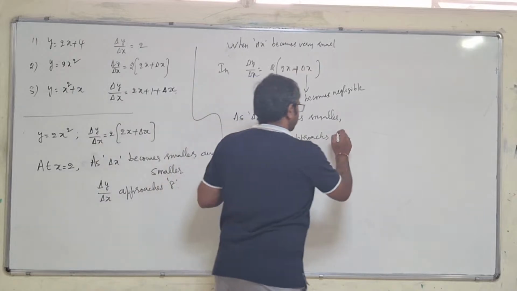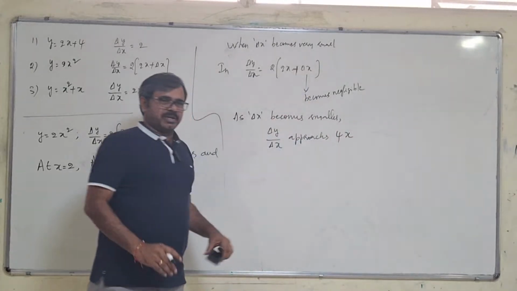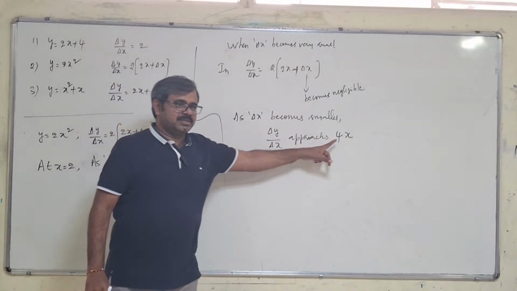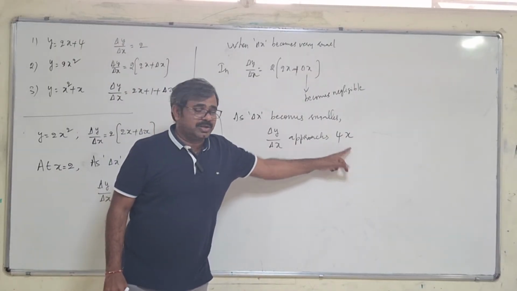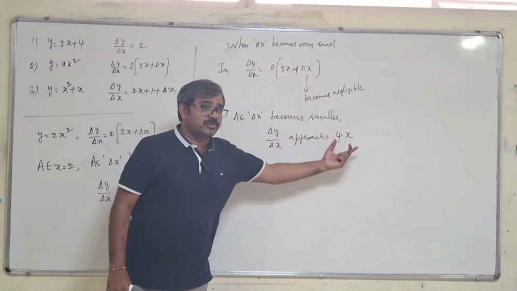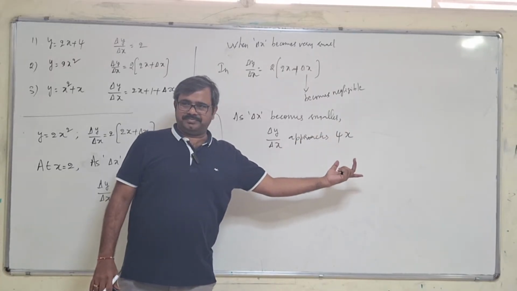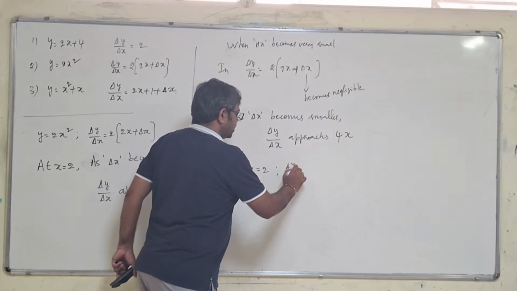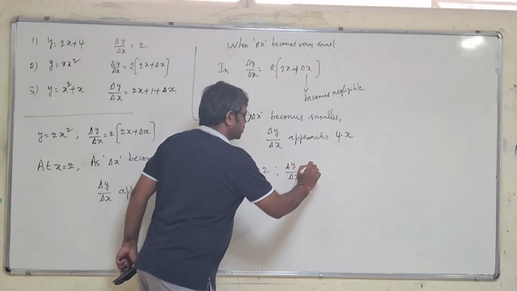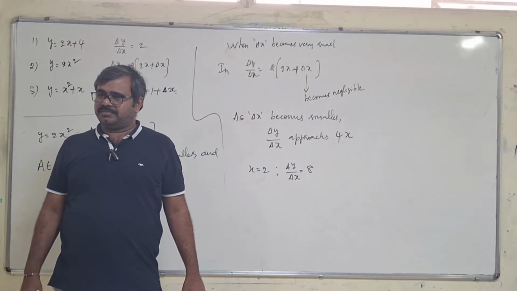So delta y by delta x approaches which number? 4x. You understand this? If you construct a small interval around x is equal to 2, you will get delta y by delta x almost equal to how much? 8. Around x is equal to 2, delta y by delta x is approaching which number? 8.